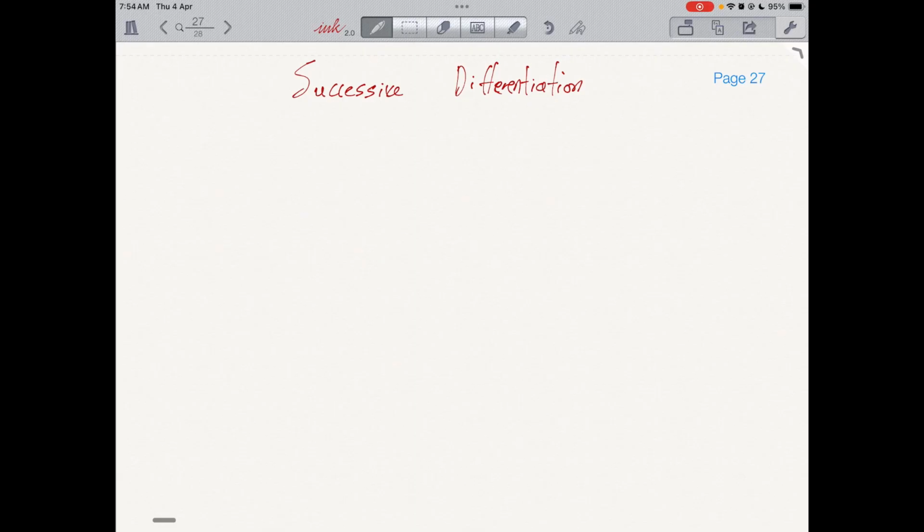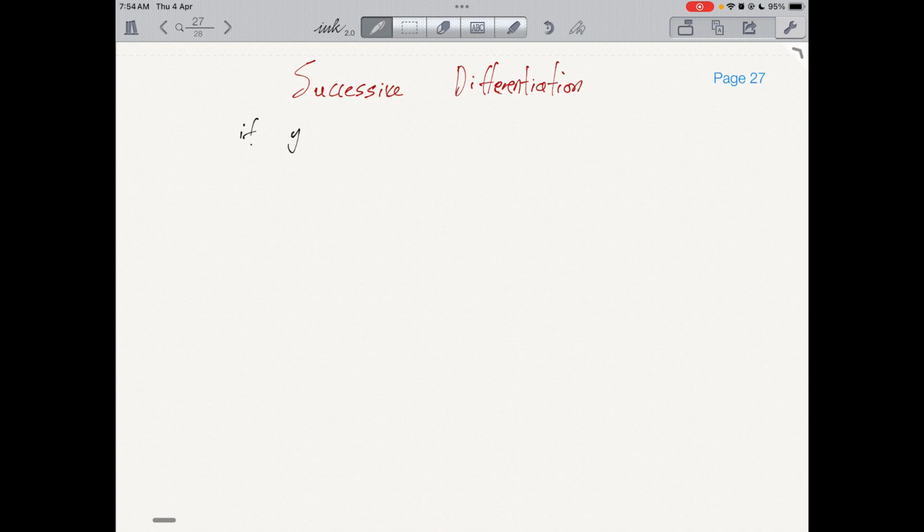Let's talk about successive differentiation. We have been able to evaluate dy/dx. Now, dy/dx can be written, let's start afresh.